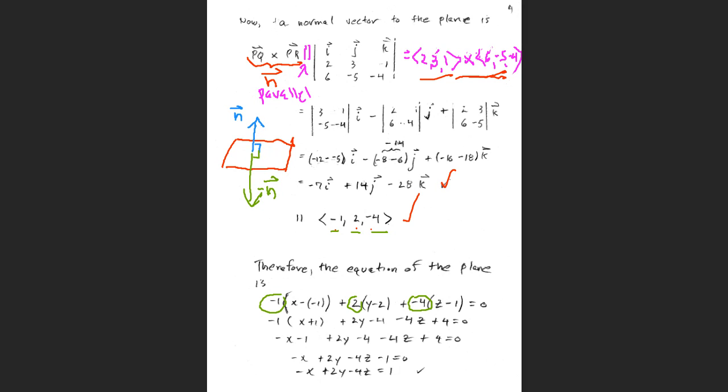And remember, the formula for the general equation of a plane is a times x minus x0 plus b times y minus y0 plus c times z minus z0 equals 0, right? And that's what we used here. And now, I simplify things and I get it in simplified form, and there's my answer.